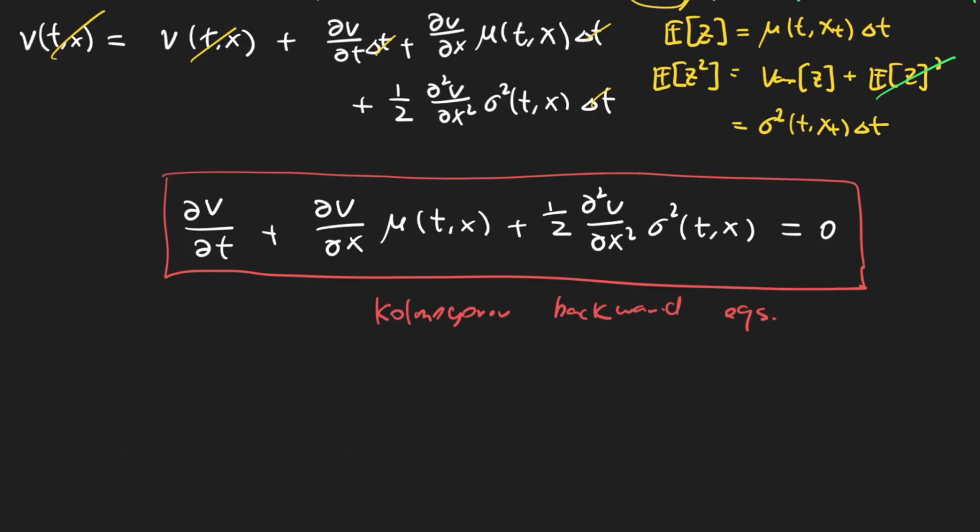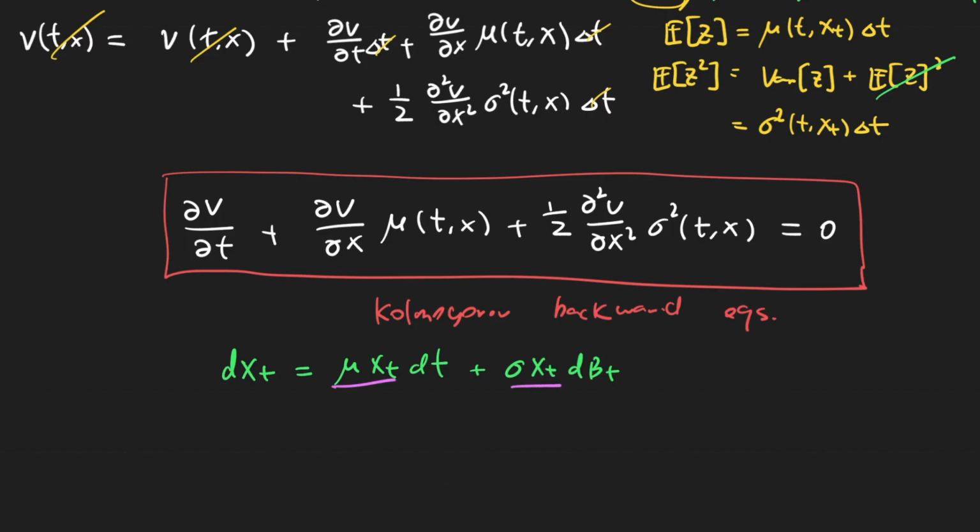So basically, this equation tells us the time evolution of the conditional expectation. And finally, let's just look at one example to see how the Black-Scholes equation is a special case of it. So for the Black-Scholes equation, the stochastic process is given by the geometric Brownian motion. So all we need to do is just to replace the mu and sigma with this.